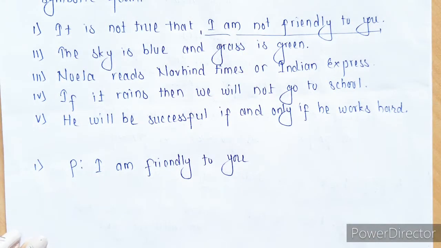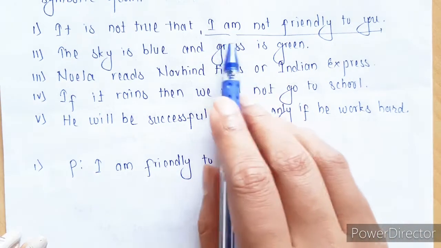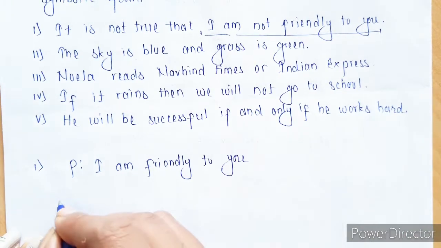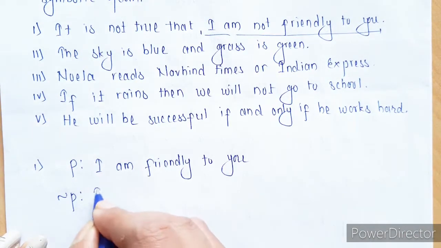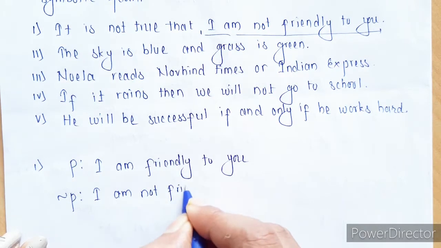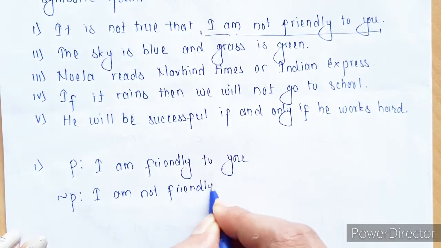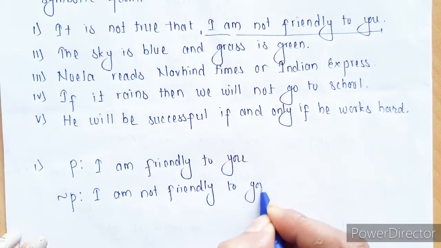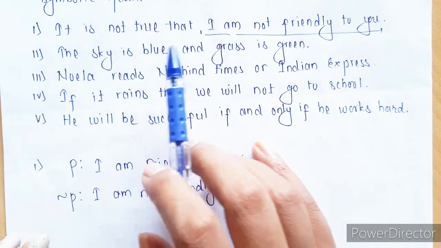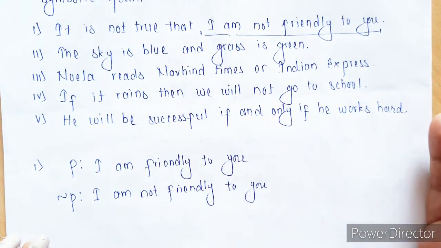If P is I am friendly to you, then I am not friendly to you is going to be the negation of P. But what we have here is, it is not true that I am not friendly to you.